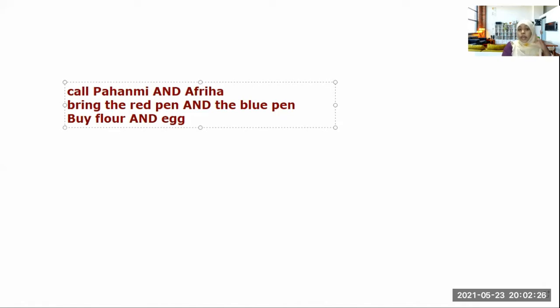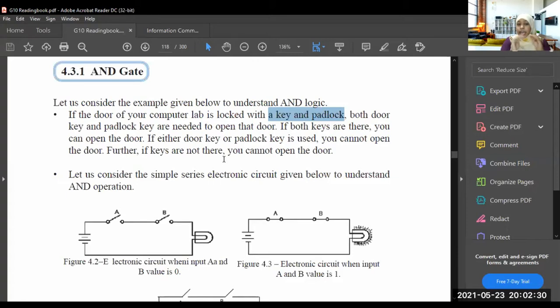So here the rule of AND is, if you put any inputs, all the inputs should be on, should be 1, because here in logic gates we are using binary numbers. You know what binary numbers are, right?